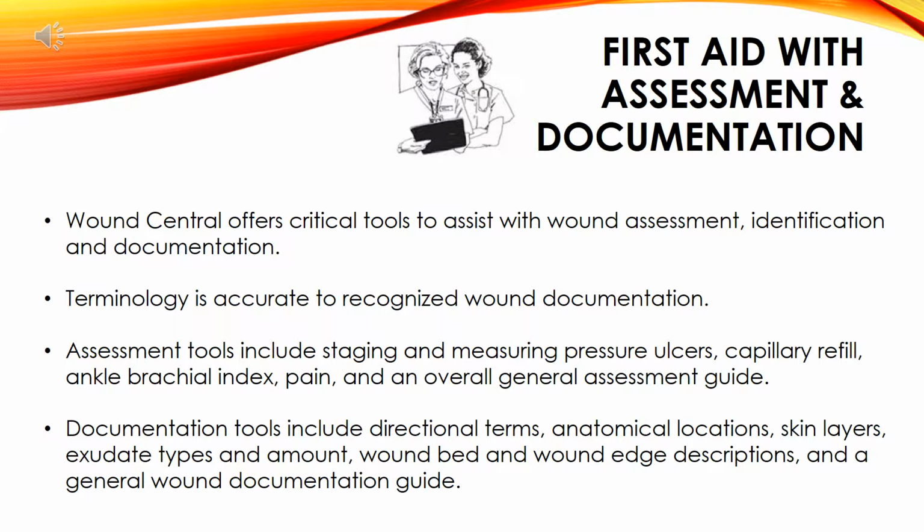Wound Central offers quick links to conduct in-depth assessments, identification of types of wounds, and detailed documentation guidelines. These tools include measuring wounds, capillary refill, ankle brachial index, pain assessment, and an overall complete wound assessment guide. Documentation tools include terms to assist with proper directional and anatomical locations, skin layers, exudate types, wound bed and edge descriptions, and an overall documentation guide.